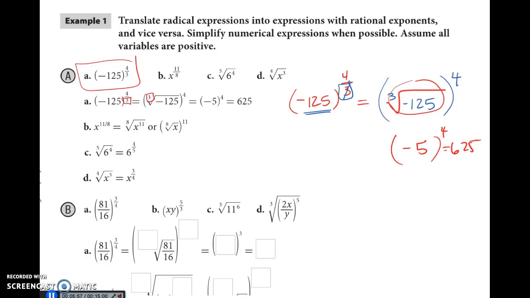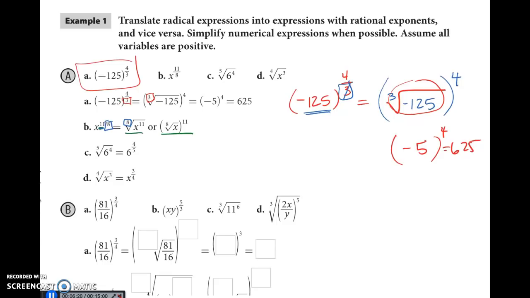Okay. Here, if we're looking at part B, the denominator is my index. And so I put my index there. The exponent, or the numerator, can either be the exponent inside or the exponent outside. And notice that they wrote both ways here. It could be this or it could be that. Same thing for this one here.